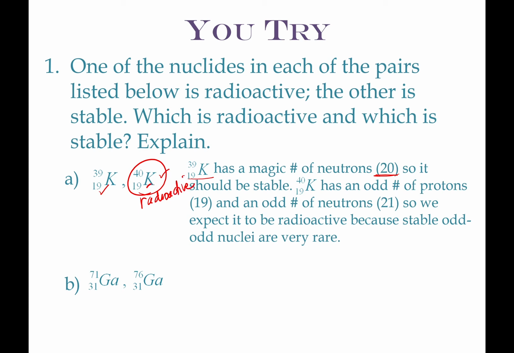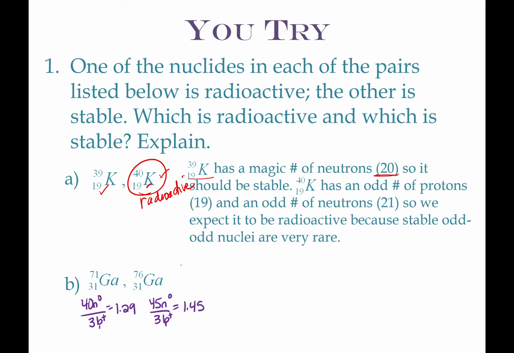Gallium 71 and gallium 76. 71 minus 31 is 40 neutrons here and 31 protons. 40 divided by 31 is 1.29. 76 minus 31 is 45 neutrons and 31 protons. 45 divided by 31 is 1.45.